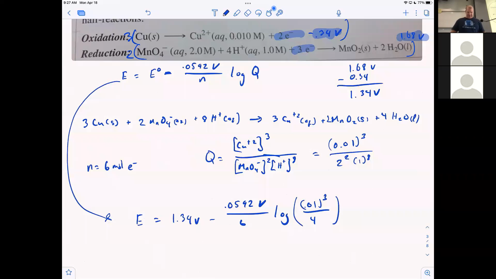So 10 to the minus 6 divided by 4. You put that into your handy dandy calculator and your answer is going to be 1.41 volts. And there's your final answer.